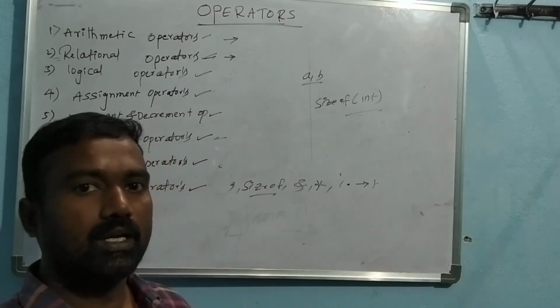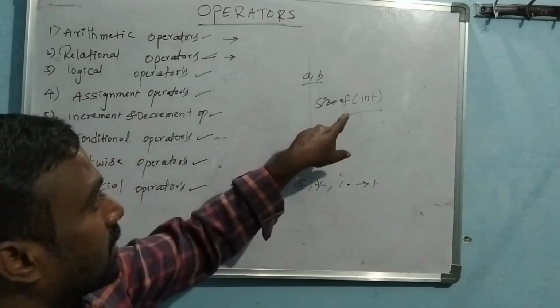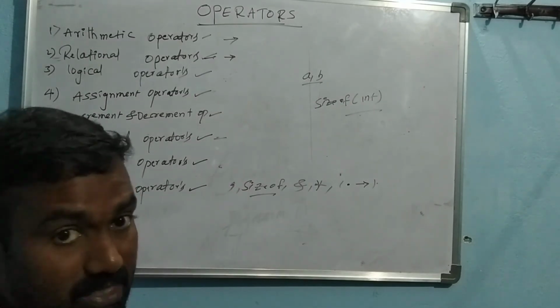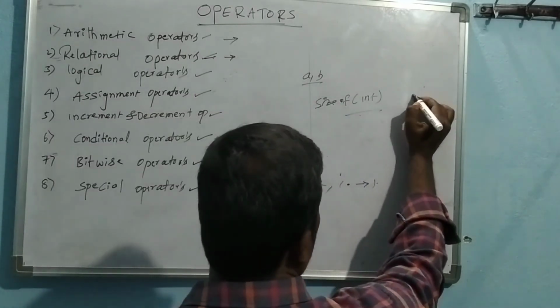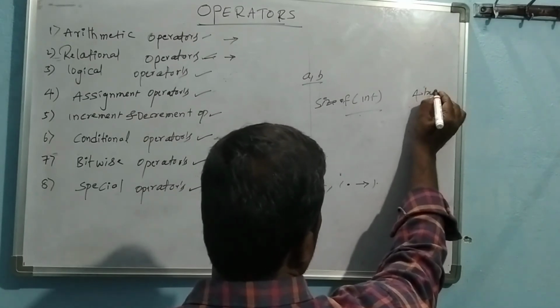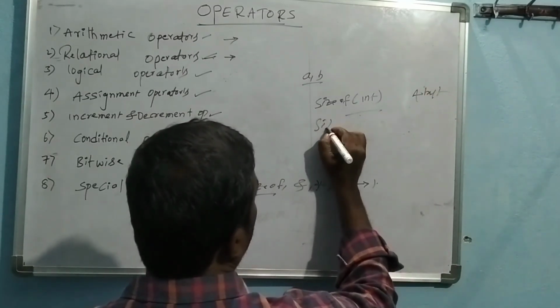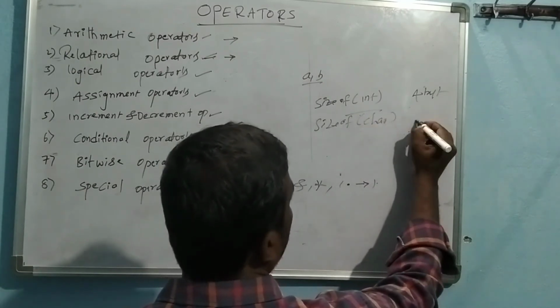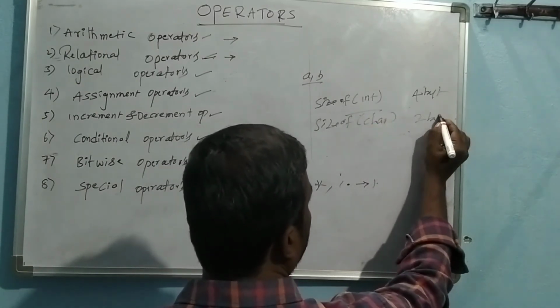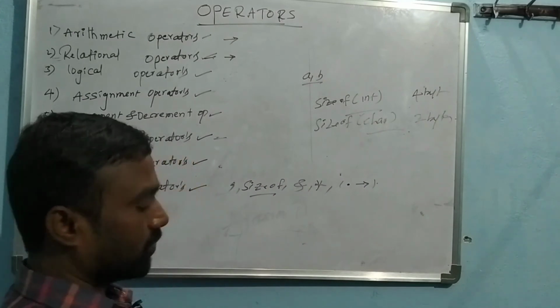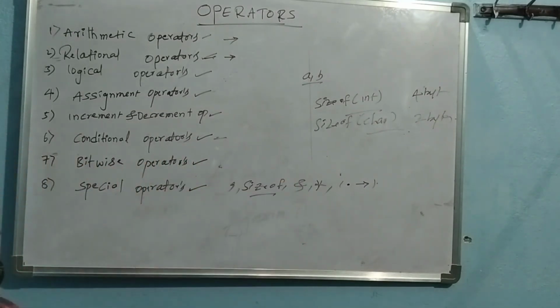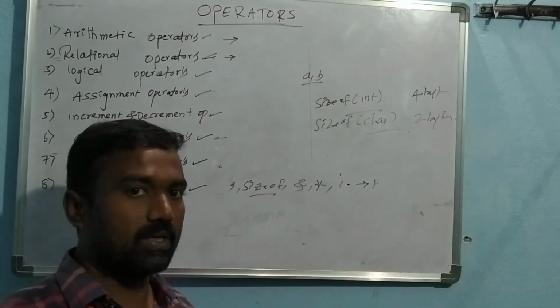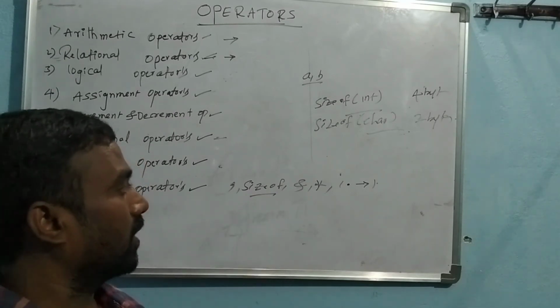For example, we are taking 4 bytes. Whenever we take sizeof char, it will be 1 byte. Like this, we find out the size of data type variables in the C programming language. So that is the sizeof operator.